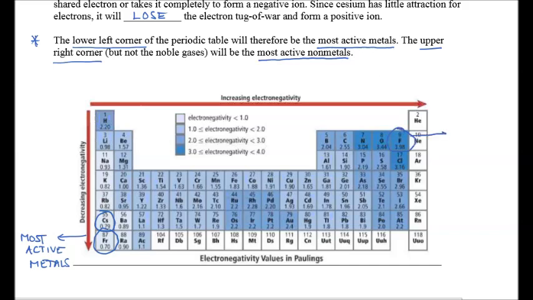So fluorine is the most active non-metal. So activity is either judged by gaining electrons easily or losing electrons easily. So fluorine is the most active nonmetal, and francium and cesium are the most active metals.